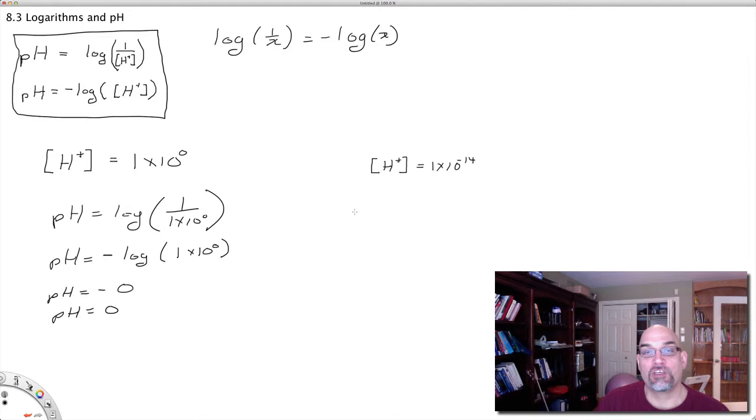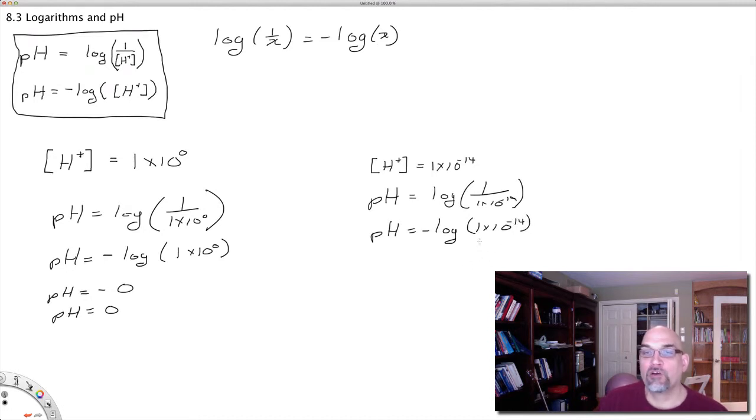Likewise, if I go over here, the pH of the most basic thing I can have is the log of 1 over 1 times 10 to the -14. Okay, and I'm going to use that same rule. I know that that's equal to the negative of the log of 1 times 10 to the -14.